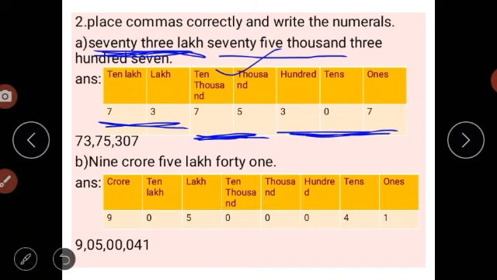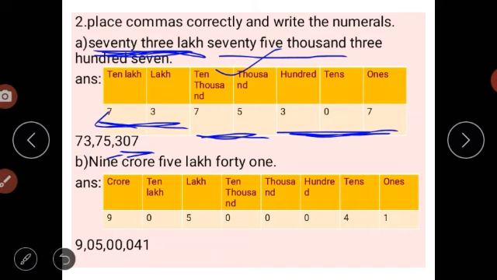In the Indian place value system, the main technique is that we count the digits from the right side, and after the first 3 digits we use a comma. After placing that comma, again after every 2 digits we place a comma. Getting it?